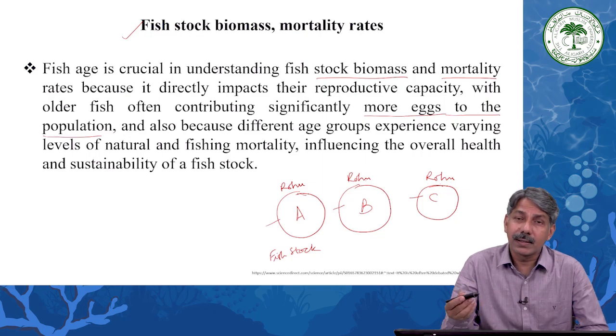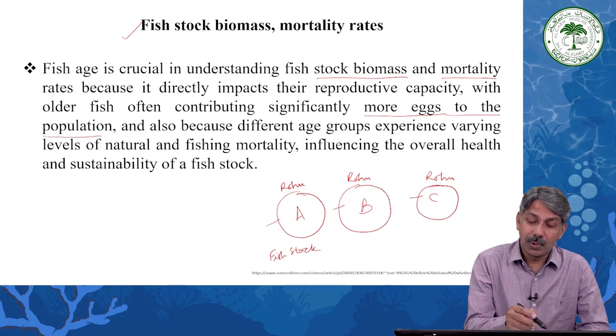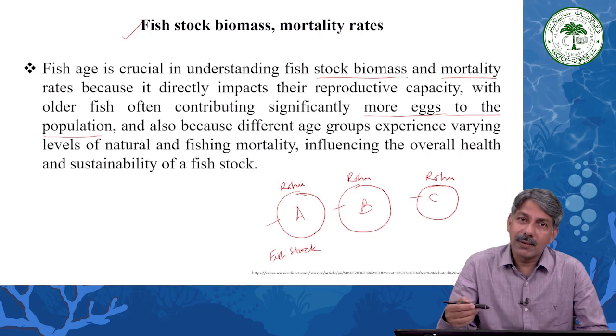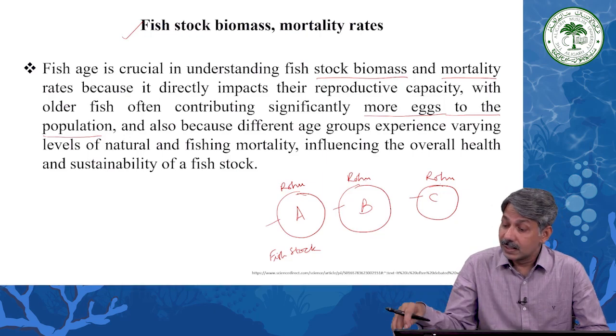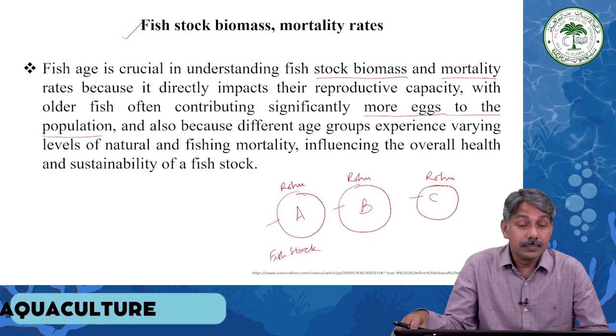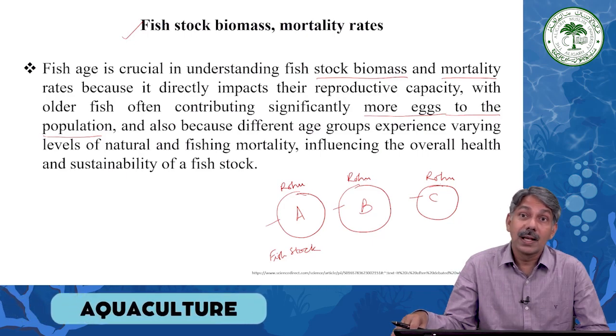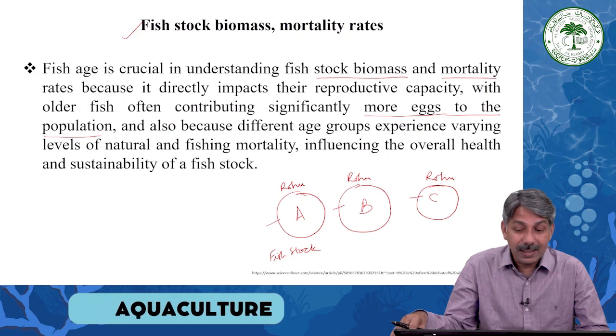Per kg body weight, that can be average, but since older fishes are of large size, they contribute more eggs. So we will have to act accordingly, and if we do not have age and growth related information with us, then this kind of information, which is very necessary for management strategies as well as for policy making, becomes difficult.